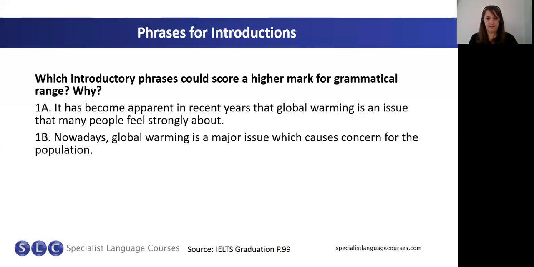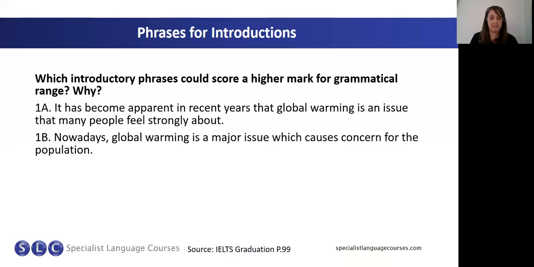Good. So Aaron's identified our area of grammar that is different in 1A and 1B. So in 1A, the writer has used present perfect. It has become. It has become apparent is a set phrase that you can use to express a change or a trend.